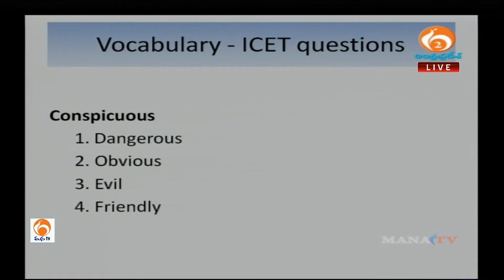So let's see. Obvious is the answer. Please check in your dictionary what is the difference between obvious and conspicuous, right? There should be a little bit of difference, because if I'm using the word, certainly some more detail that it is giving.